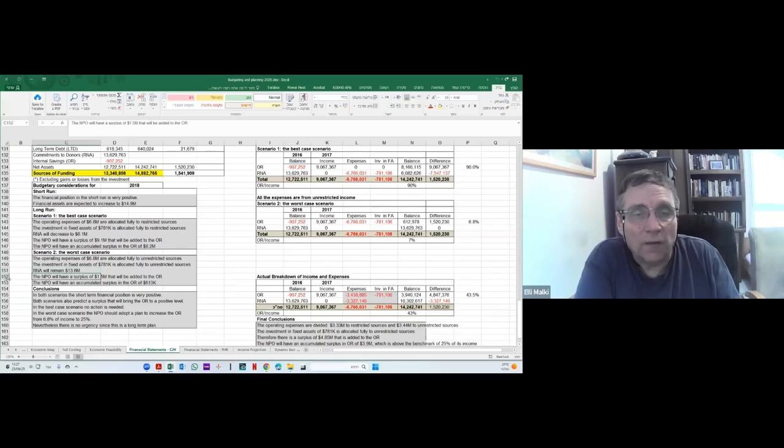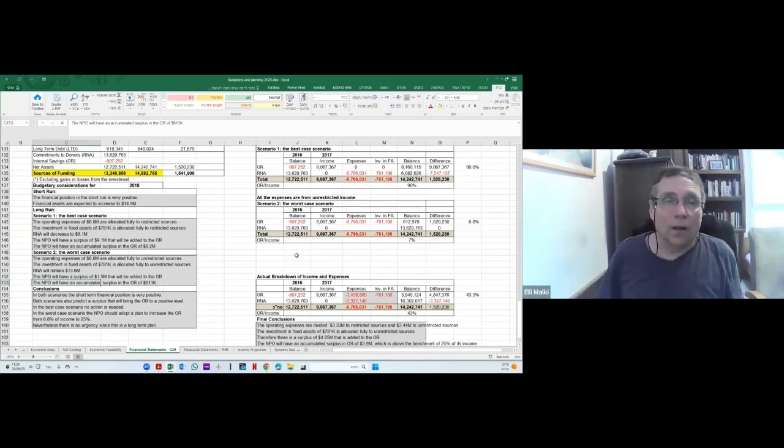The nonprofit will have a surplus of 1.5 that will be added to the operating reserve, and the accumulated surplus of the operating reserve will be 613K. Okay? All right, so this is just a description. And before we move on to financial strategy, to the conclusion, I want to stop and ask you, is this clear?